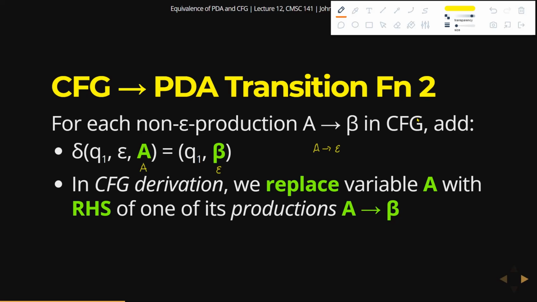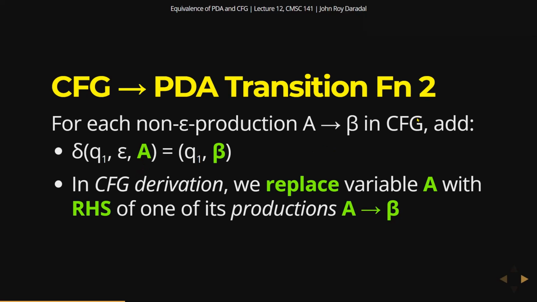This actually means that we will remove A from the stack, right? We replace it with epsilon. So that's why we cannot do this, because if we do this, then we are basically popping off the variable A, which we don't want. We just want to replace it with one of its right hand side variables. So we have to make sure that the productions that we're using are non-epsilon productions.